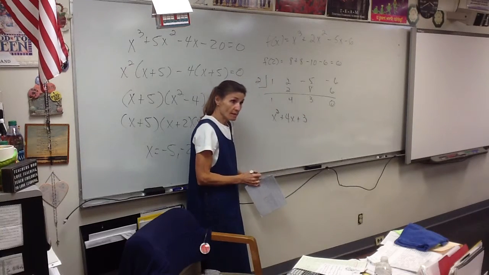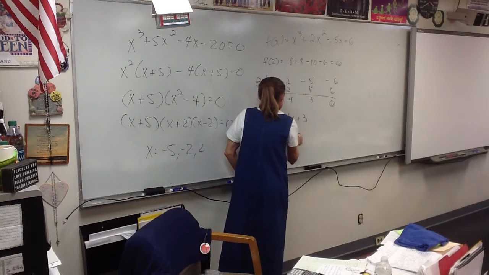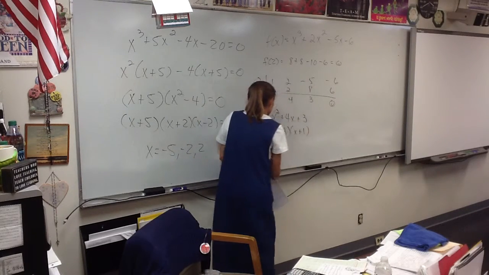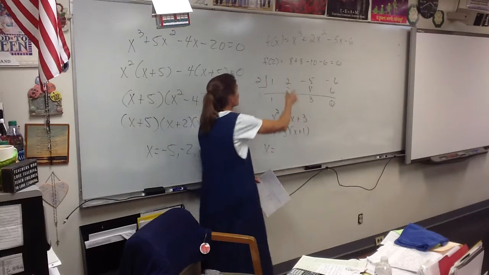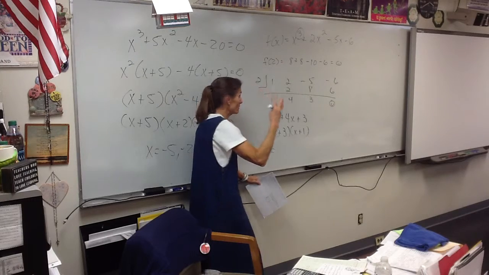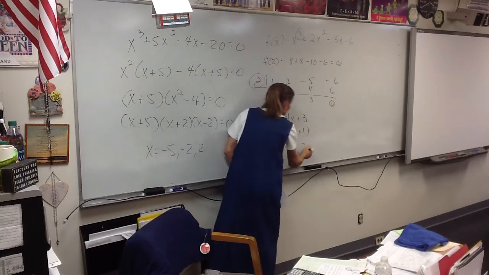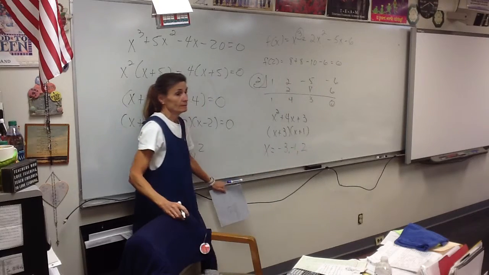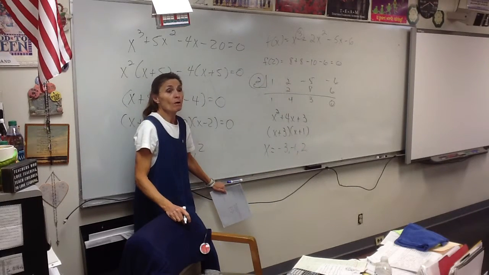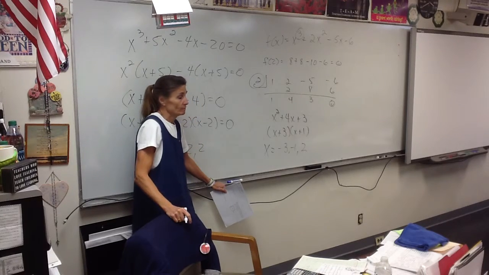Which is a quadratic. Factors. So what do you put in the answer blank? This is a cubic polynomial. You better put 3 things in the answer blank. -3, -1, and 2, the one you guessed. Anything that gives you 0 is a 0. That's why they're called zeros. They give you 0.